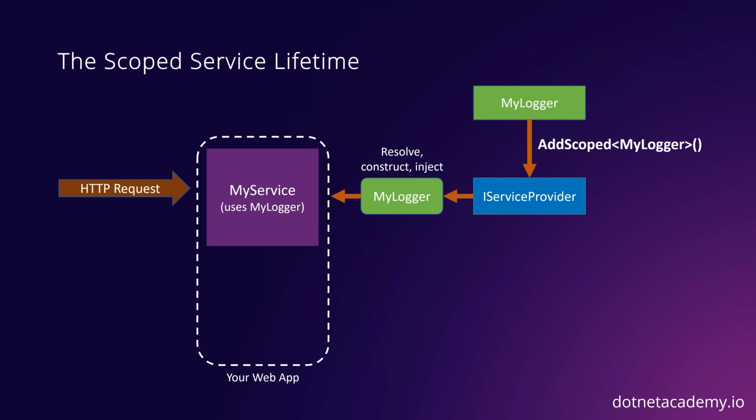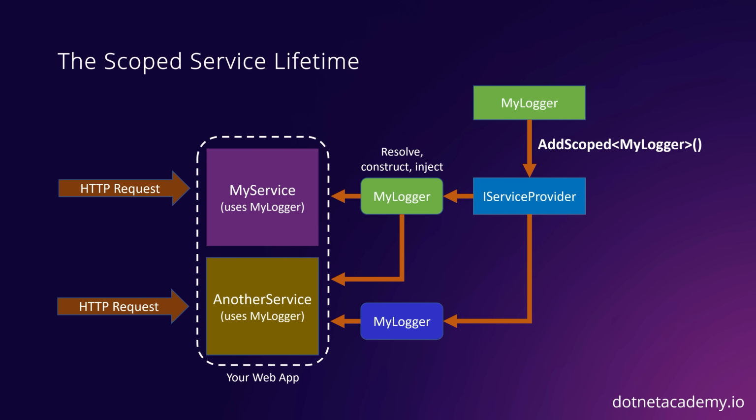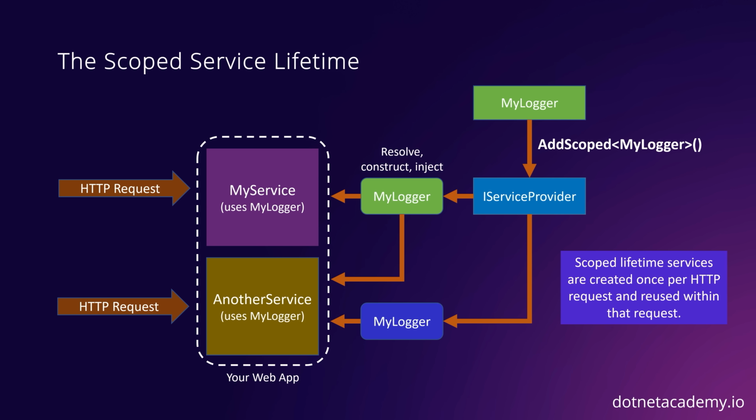But if there's any other service that participates in that same HTTP request and that also has a dependency on my logger, it will receive the exact same instance of this dependency. However, if a new HTTP request arrives, the service container will create and inject a brand new instance of my logger instead, totally unrelated to the previous instance. So, scoped lifetime services are created once per HTTP request and reused within that request.